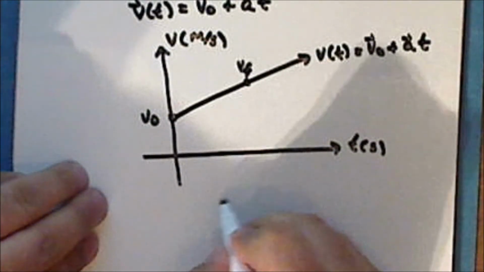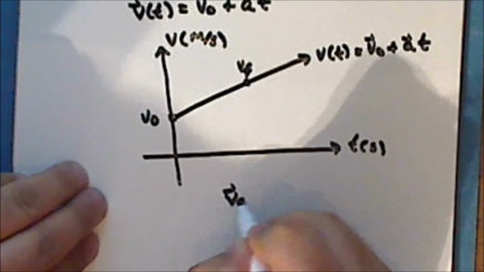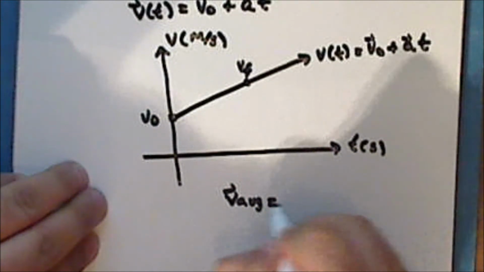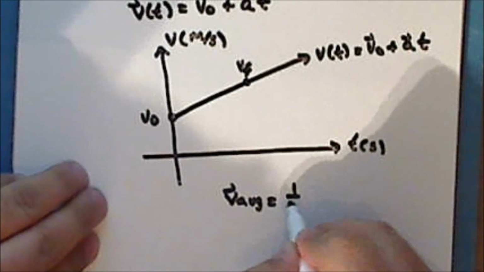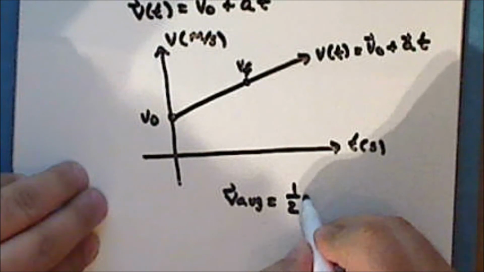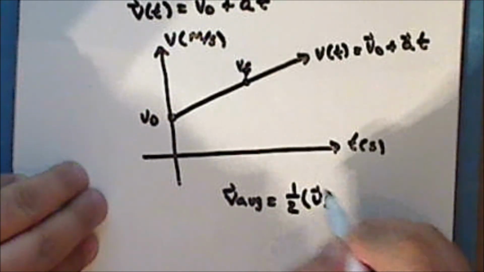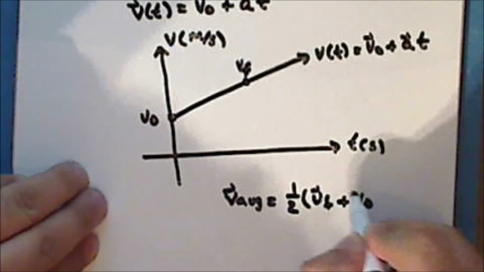That is, the average velocity is equal to the arithmetic average of the final velocity and the initial velocity.